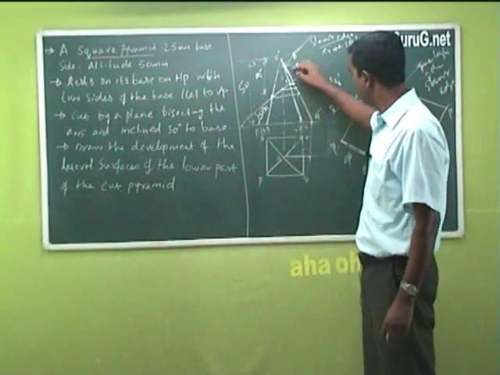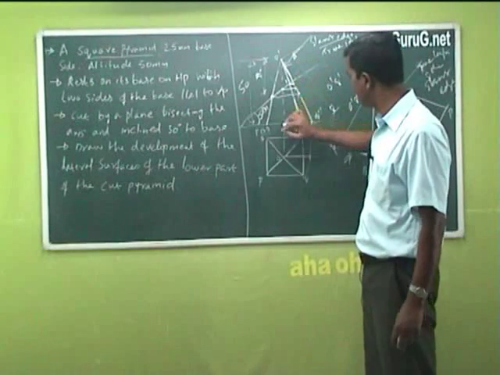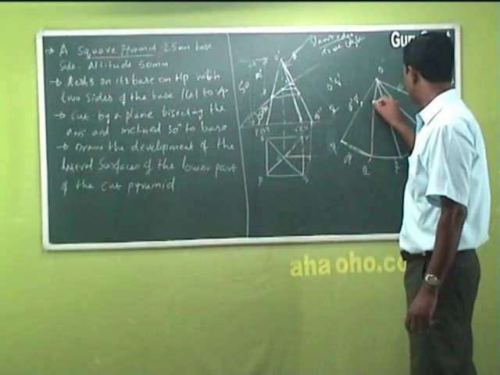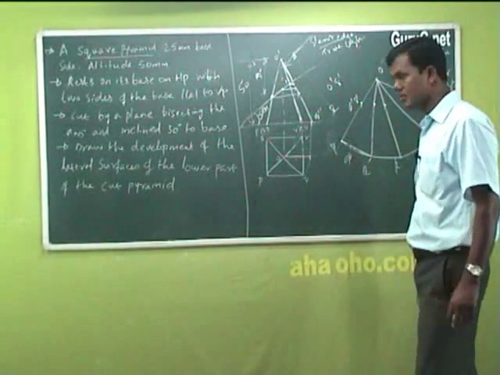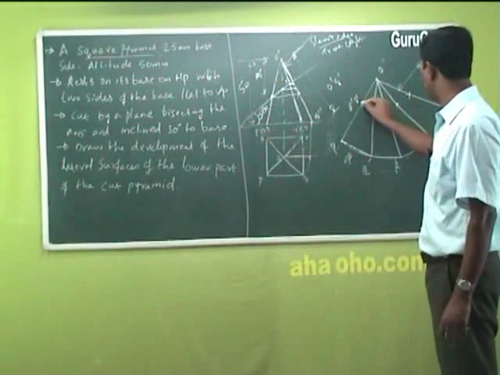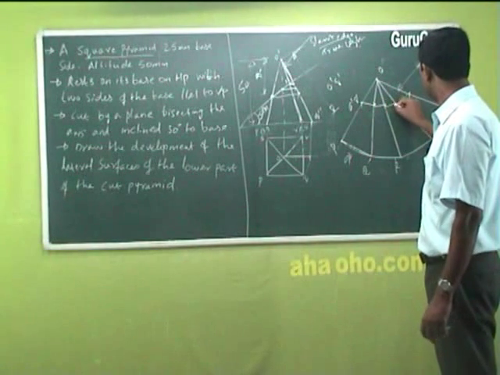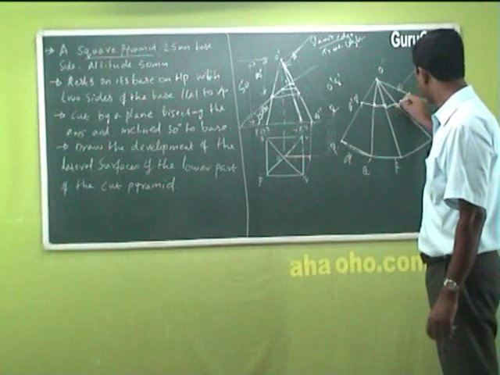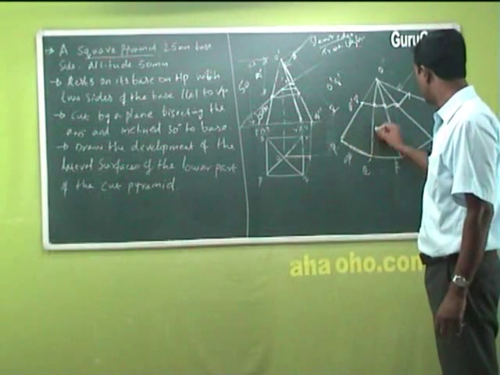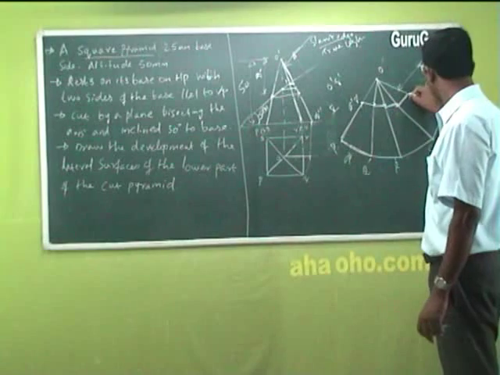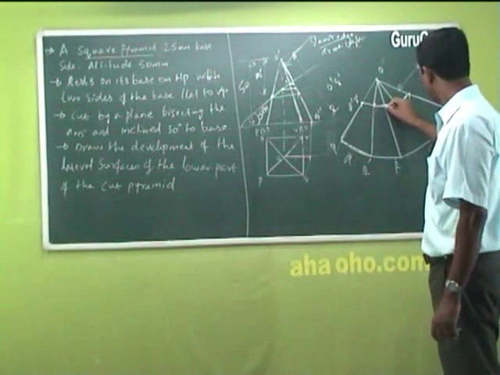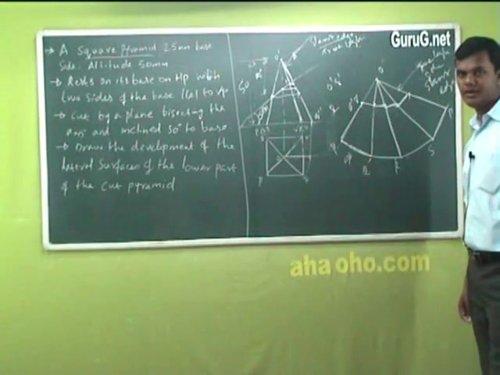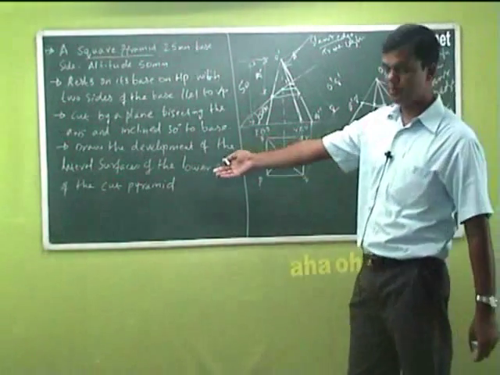Now from O you measure 1, 2, 3, 4, all these lines, and mark them here. 1 will be here, 2 is here, 2 and 3 will be the same, and 4 and again 1. So like this. This will be your lower portion of development, the lateral surface of the cut pyramid.